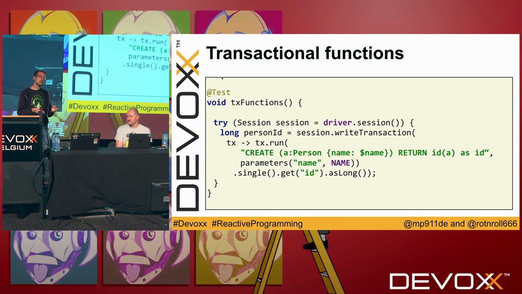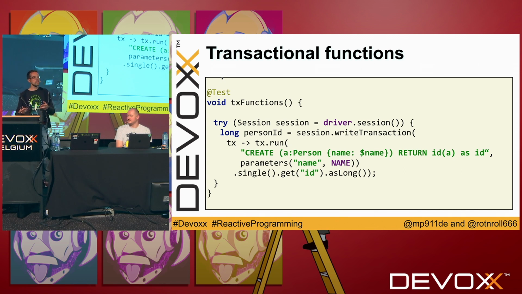I could also do an explicit rollback on it, but I can take that unit of work and give it to the driver and let the driver handle all the things. That helps the driver to help you when there are some transient client exceptions that can happen. In a cluster setup of Neo4j, there can be scenarios when there is a leader re-election, and that's something our driver can handle. And if we pass in a transactional unit of work as a whole to the driver, then the driver can do a retry for you.